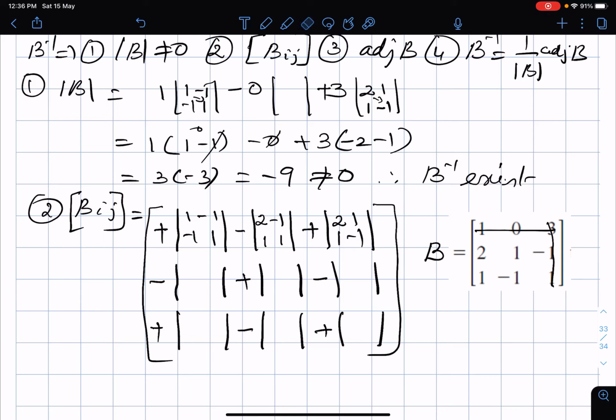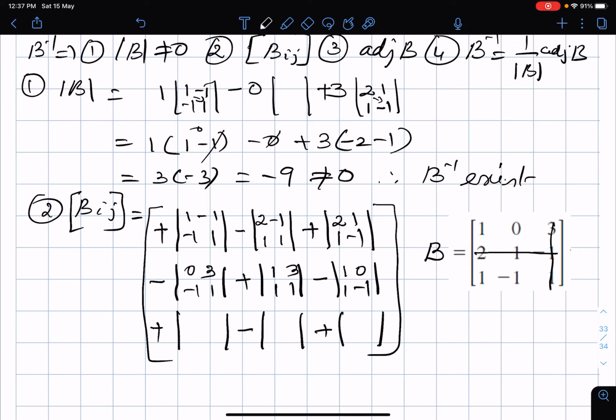Now coming to your second row, eliminate your second row and your first column because first element, and you get the minor as 0, 3, minus 1 and 1. Now coming to our second element, eliminating the second column, you get the minor as 1, 3, 1, 1. Now coming to the third one, so eliminating the third column and the second row, you get the minor as 1, 0, 1, minus 1.